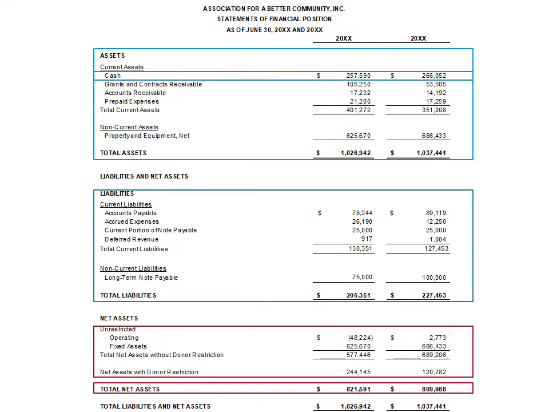So a restricted net asset is a contribution that we've been given which a donor has restricted for a particular time or purpose. Once it's used for that purpose or within that time period, the restriction is then satisfied.